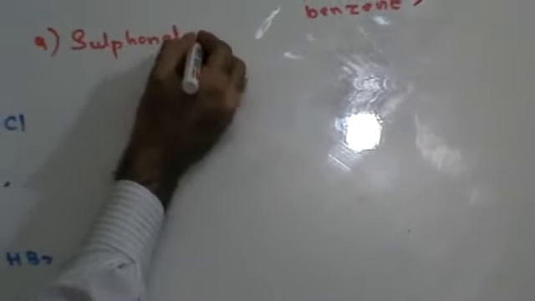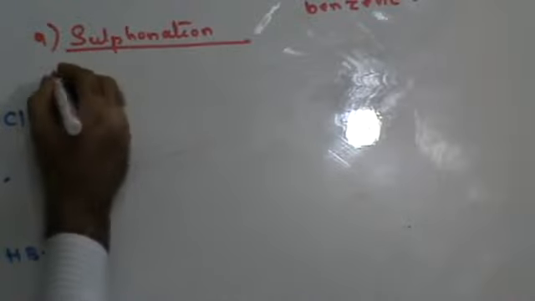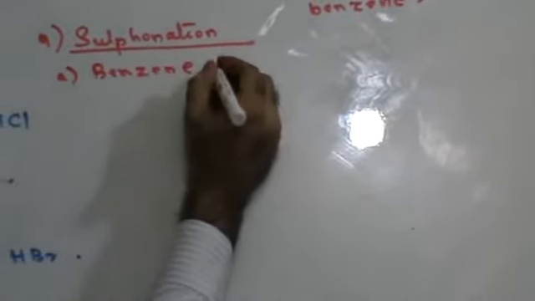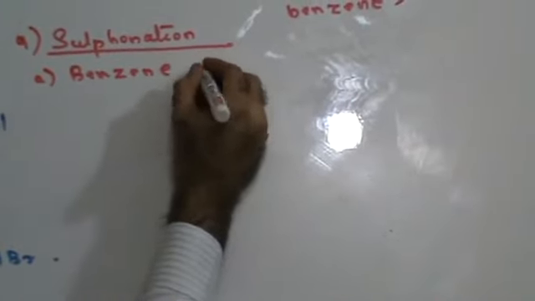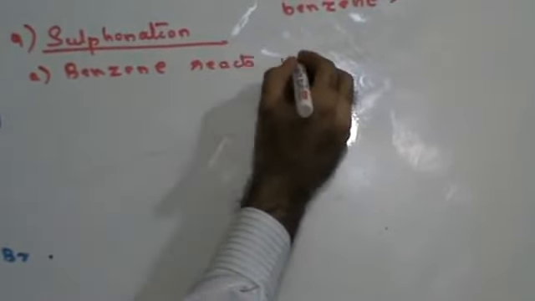Next, let's see the third substitution reaction. Let's see sulfonation. Sulfonation is reacting with sulfuric acid. What happens when benzene reacts with concentrated sulfuric acid?